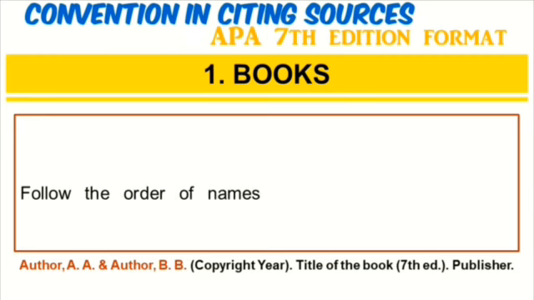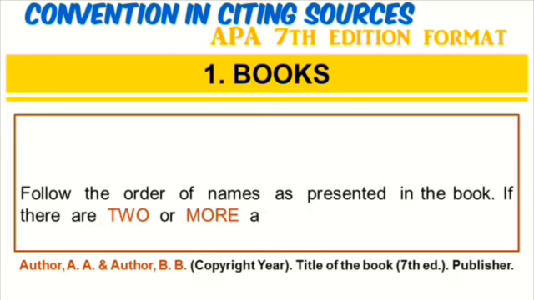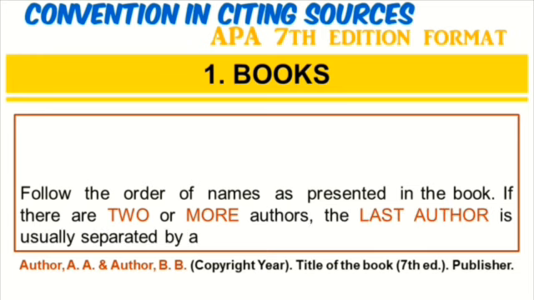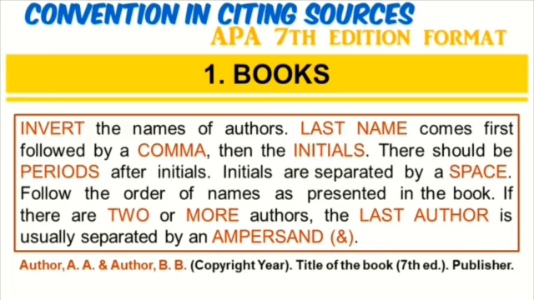Follow the order of names as presented in the book. If there are 2 or more authors, the last author is usually separated by an ampersand. Take a look at the format below.